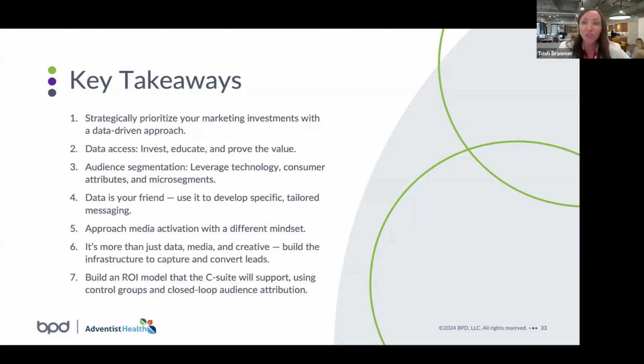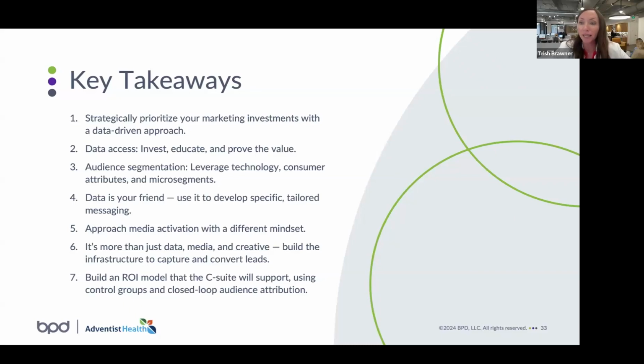Data access. So when accessing the data, it's critical to make sure we're able to line up the investments that are needed, educate the organization along the way, and then prove the value. As Anne talked about, we don't want to have to boil the ocean right away, but create those small tests and small wins that you can be sharing throughout the campaign. Audience segmentation.